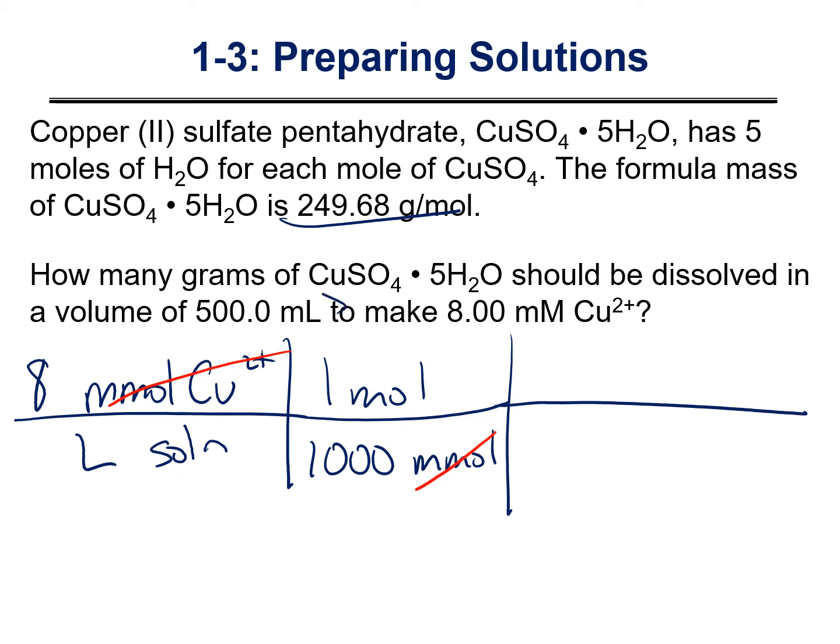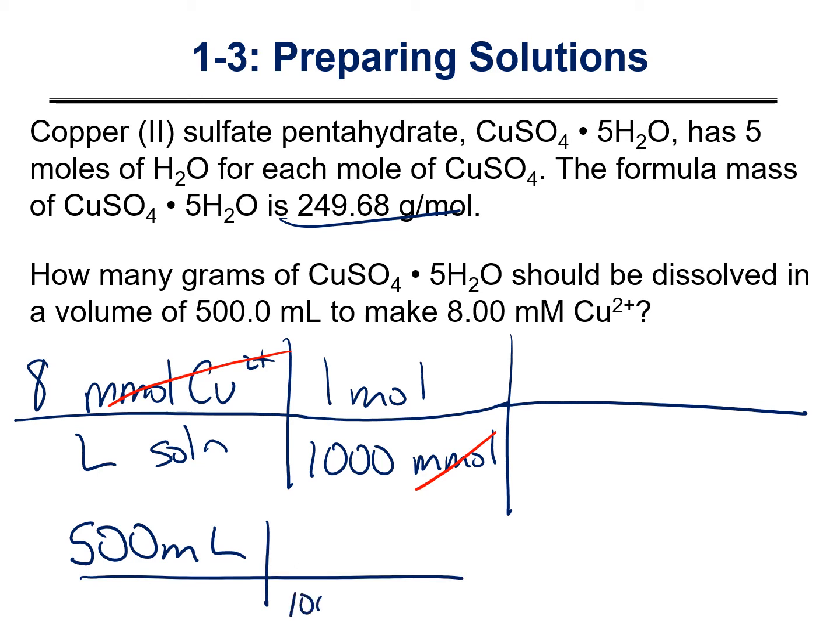So if I multiply that by the volume, 500 milliliters converted to liters is just 500 divided by 1,000, because there are 1,000 milliliters in 1 liter. So I want to get rid of the liters on the top by multiplying it by 0.5 liters.